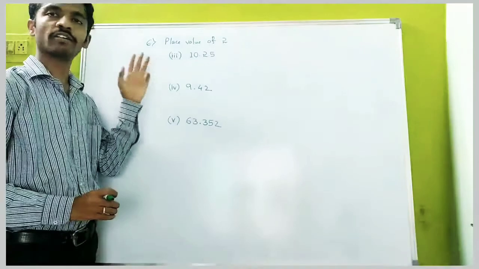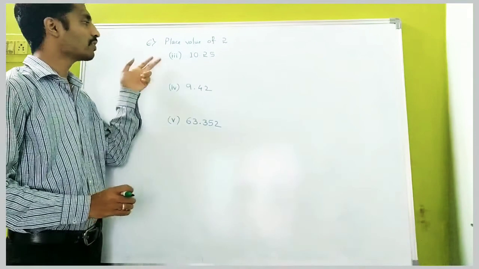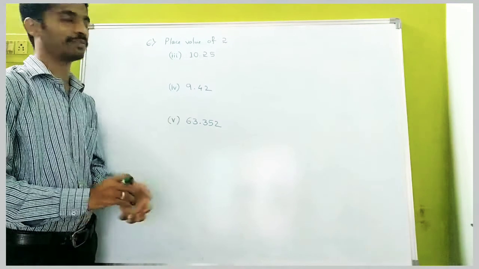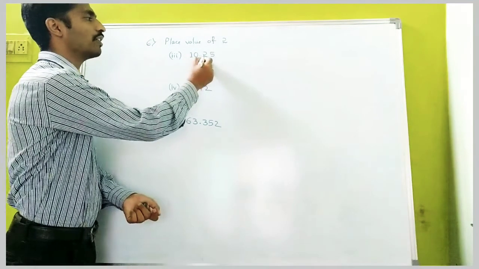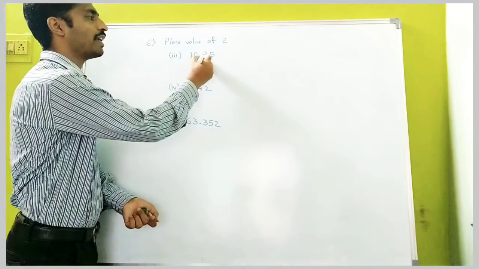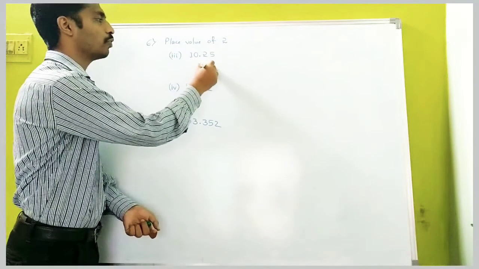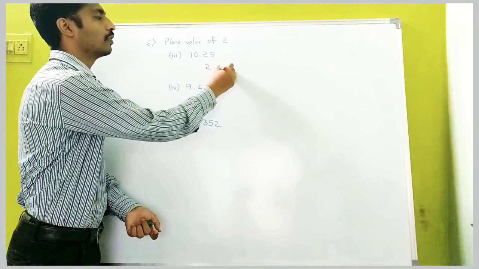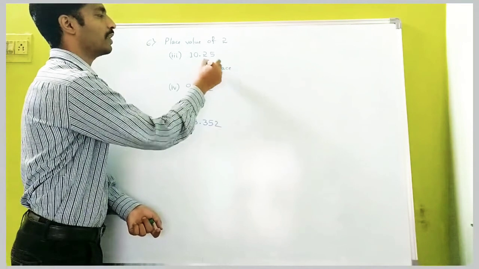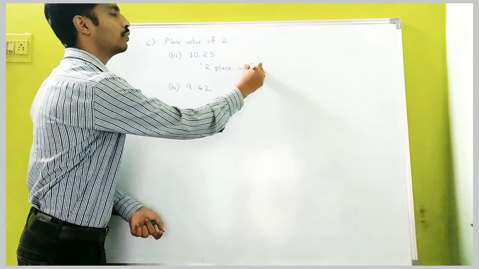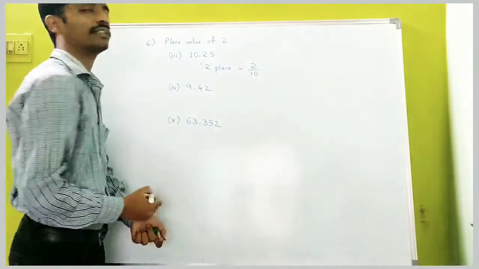So here, place value of 2. First and second you can generally say them. So third, fourth and fifth I will explain here. See 10.25. So after the point, how we will start? We will start from the tens place. It means here 2's place is 2 by 10.